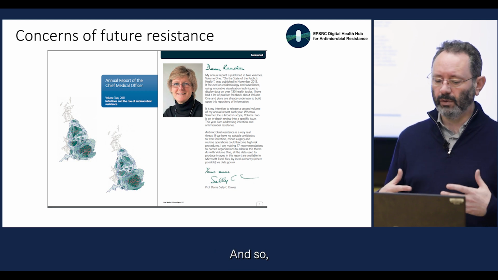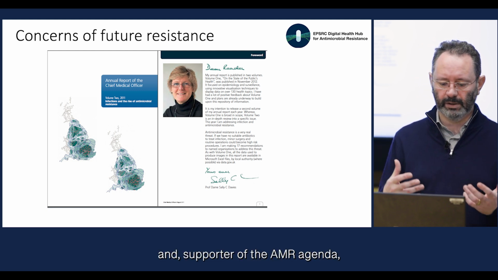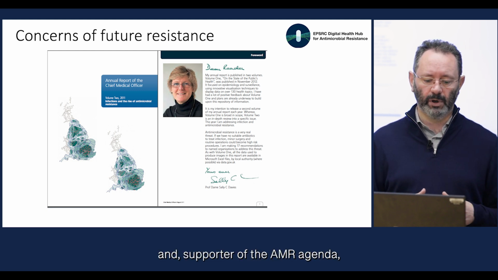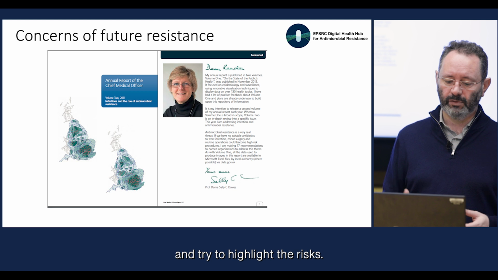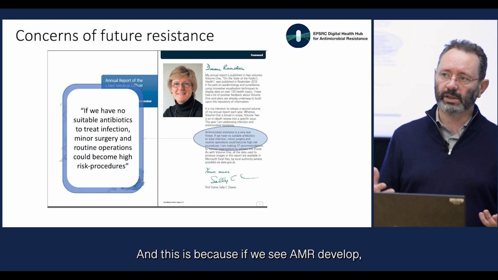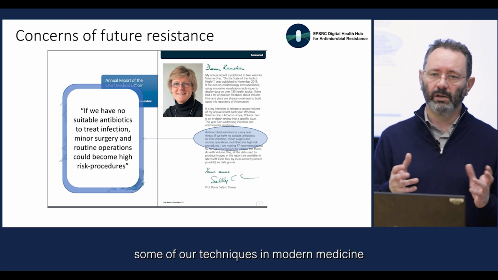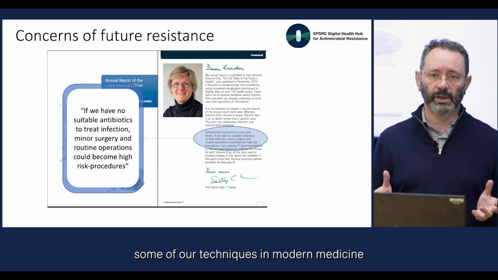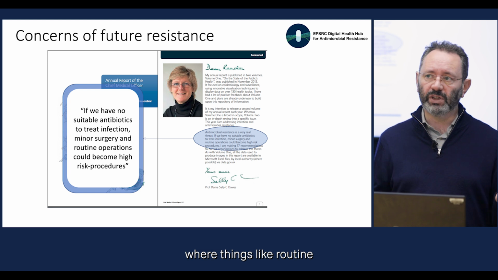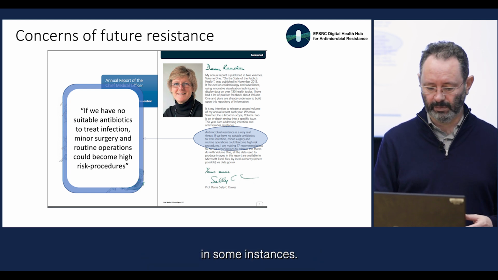And so there's been a big push from government and supporters of the AMR agenda to try and highlight the risks. This is because if we see AMR develop, it really puts in jeopardy some of our techniques in modern medicine, where things like routine surgery would become quite problematic in some instances.